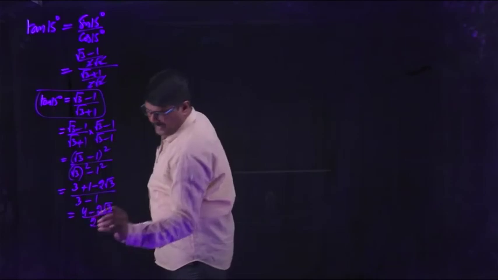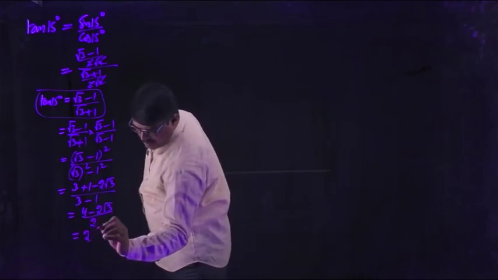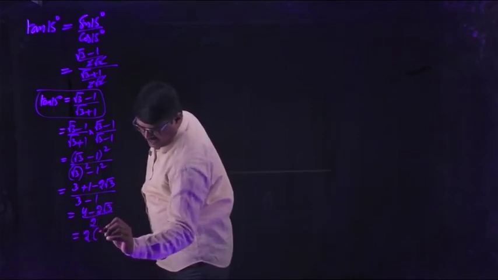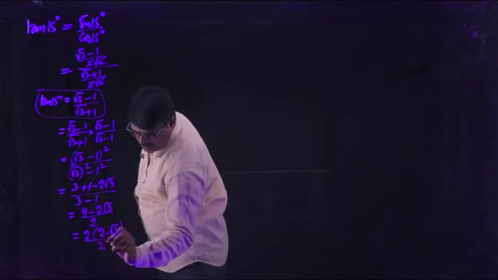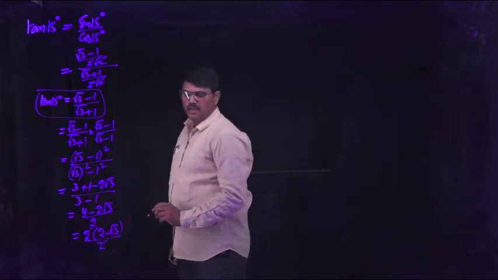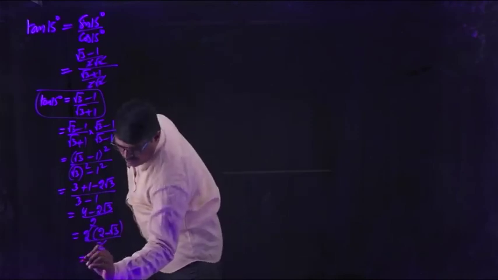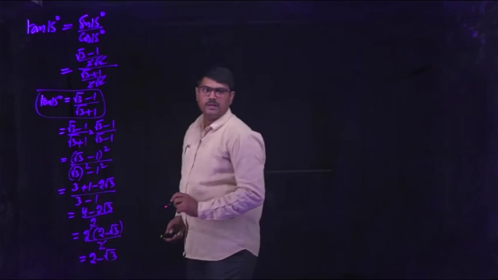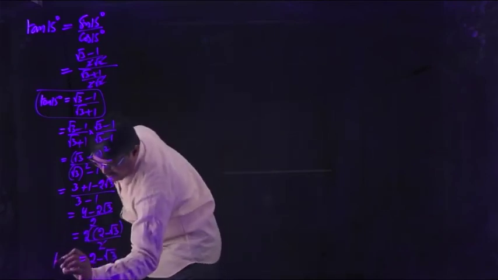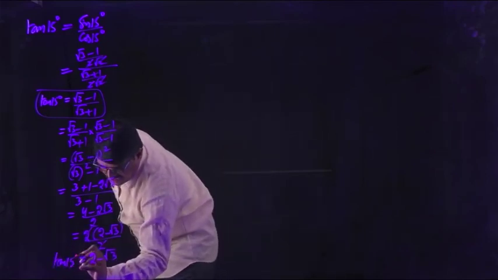So you can take 2 as a common factor in the numerator, and the remaining part is 2 minus root 3 by 2. The 2 gets cancelled and you get the final value, which is easy to remember: 2 minus root 3.